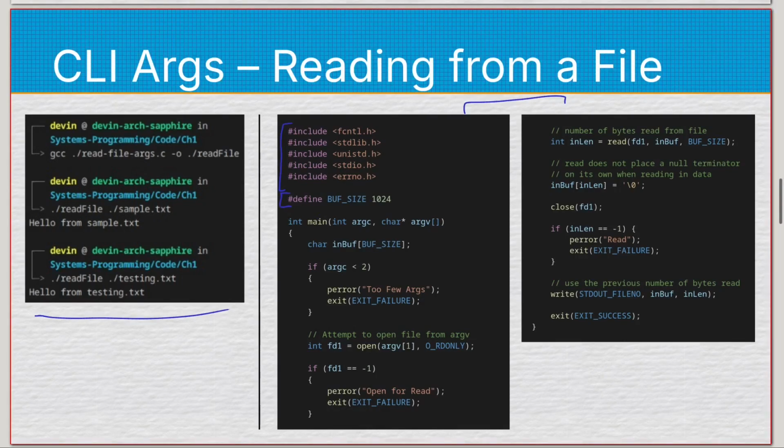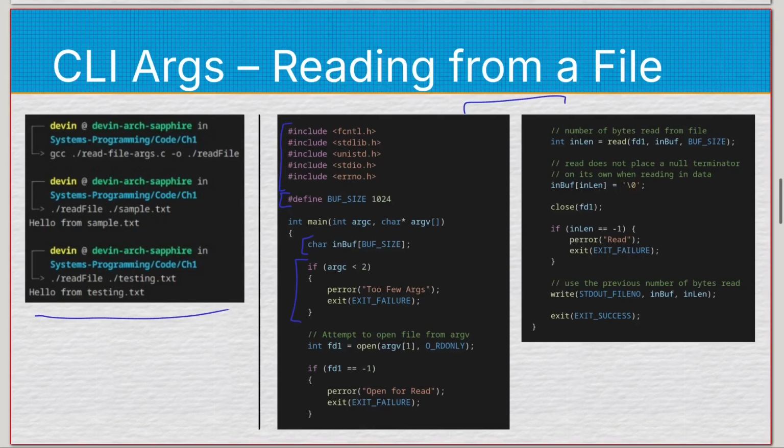My buffer size of 1024 bytes, the input buffer itself, and then I have if argc is less than 2, I'm going to throw an error of too few args, and I'm going to exit the program. That means, hey, if I didn't pass in an argument, like an external argument beyond the actual executable name, we're not executing this program. We're cutting it off here.